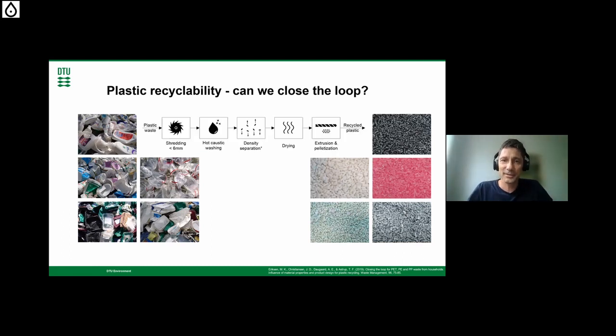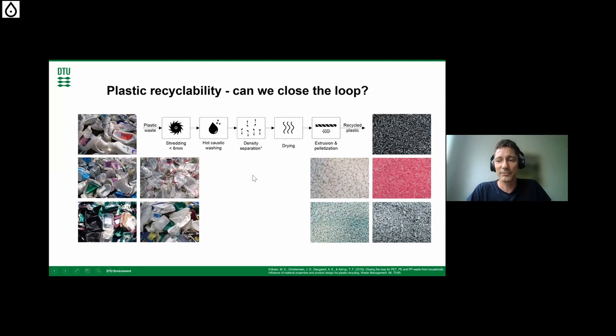But there are many things that have to go on along the way for getting from the left-hand side to the right-hand side. The plastic waste has to undergo different kinds of processing, shredding into smaller pieces. It has to be washed. It has to be separated depending on the polymer. It has to be dried and other kinds of cleaning processes also. And it has to be made into pellets again. And once we are there, okay, it can be used again.